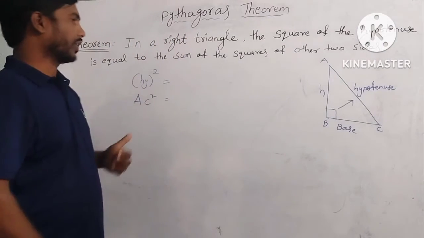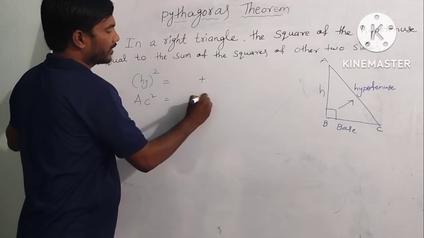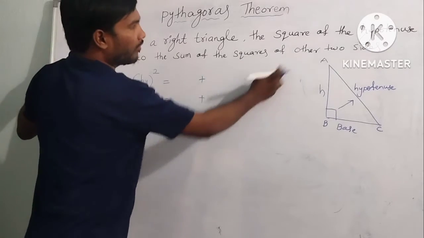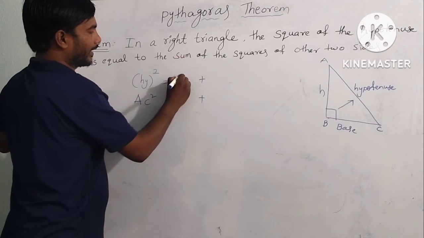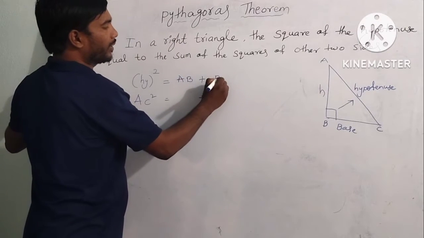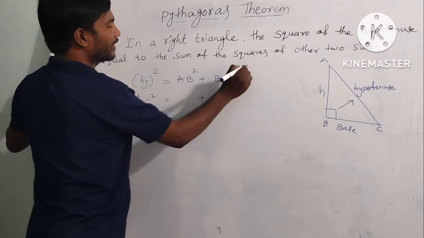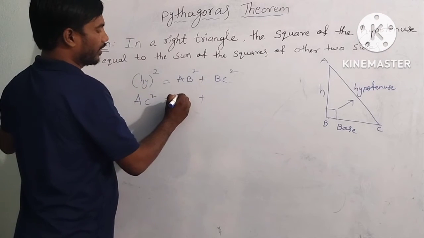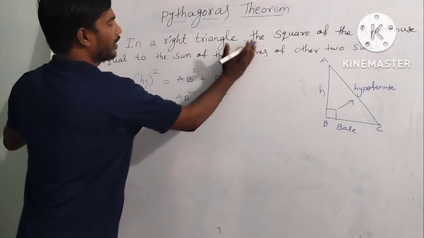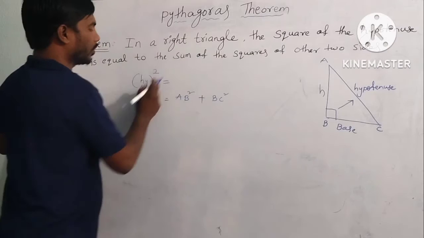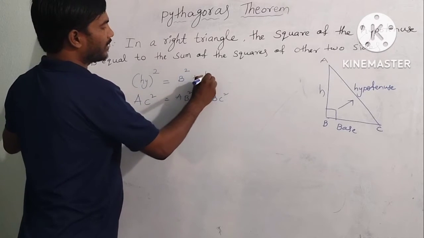That square value is equal to the sum of the squares of the other two sides. What are those other two sides? AB and BC. It means AC square equals AB square plus BC square, or hypotenuse square equals base square plus height square.